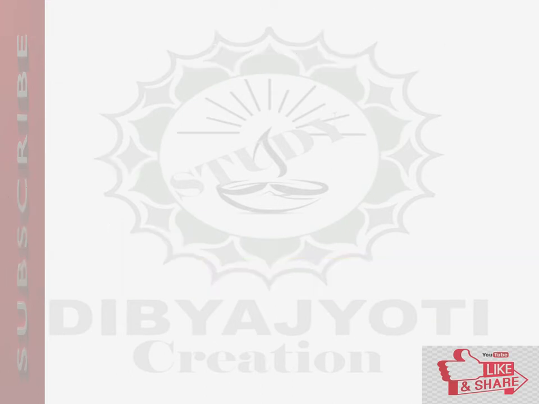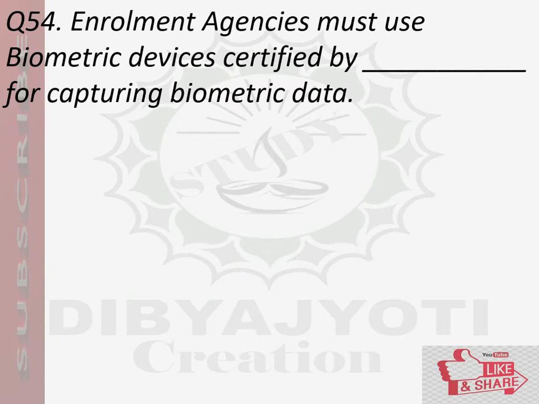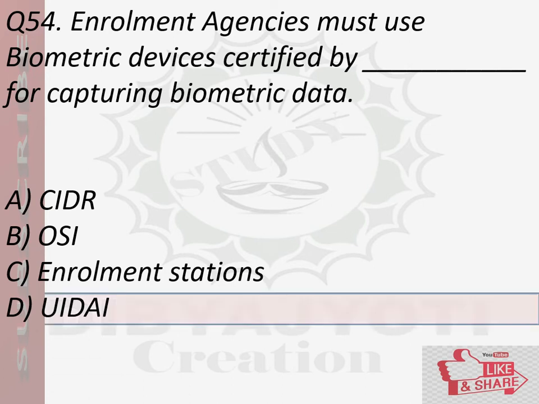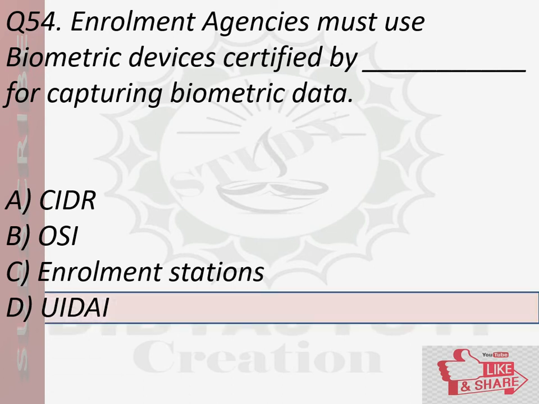Then next, question number 54. Enrollment agencies must use biometric devices certified by dash for capturing biometric data. Options are option A, CIDR, option B, STQC, option C, enrollment station, option D, UIDAI, and answer is option D, UIDAI.